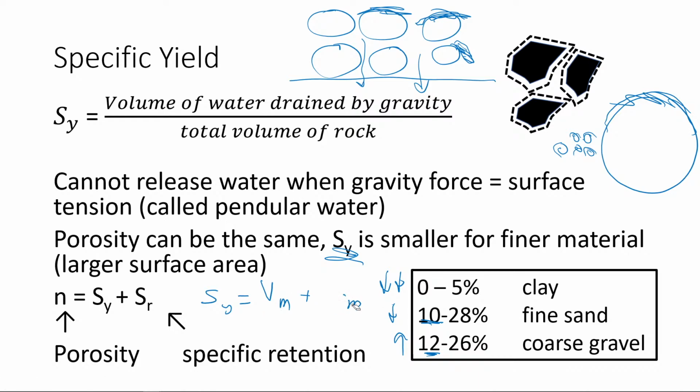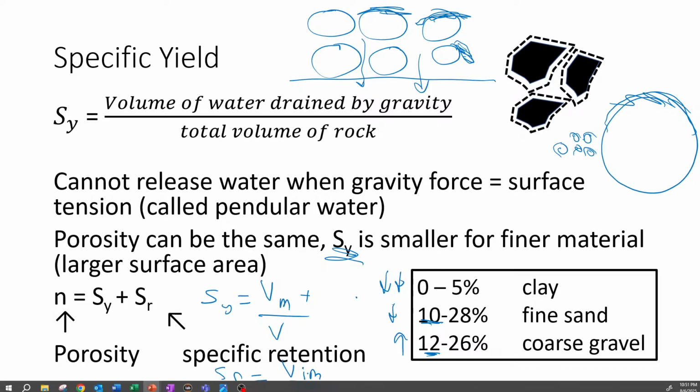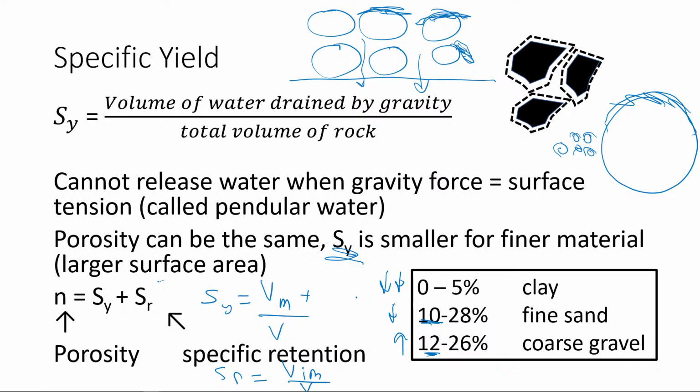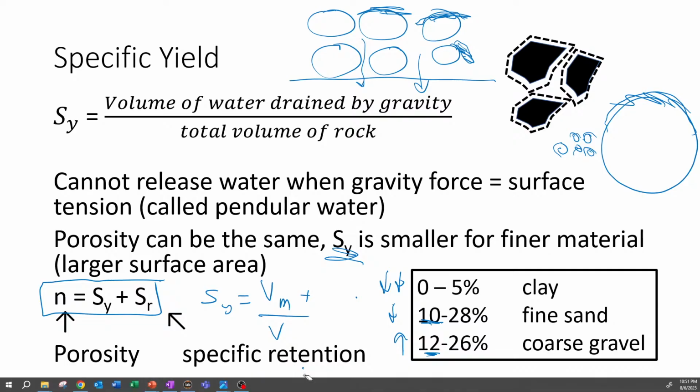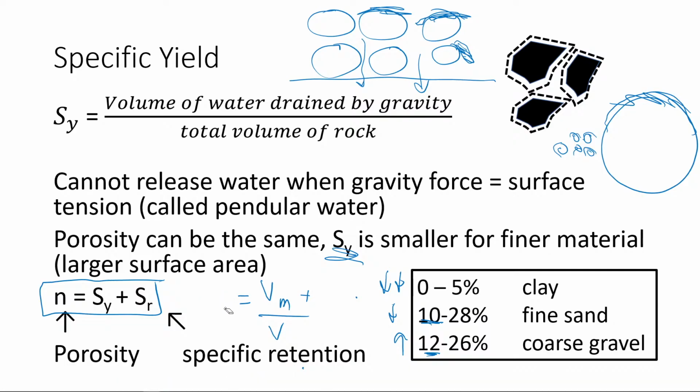Sorry, this is the volume of mobile water divided by the total volume, and specific retention would be the volume of immobile water over the total volume, and that's why you get the porosity. So porosity could be the volume of mobile plus immobile water over the total volume, and this is the specific yield and this is the specific retention.